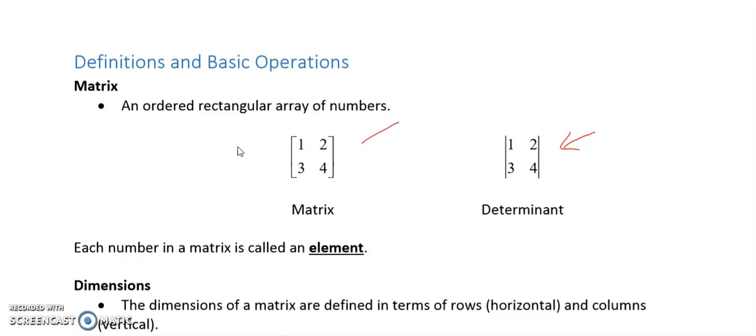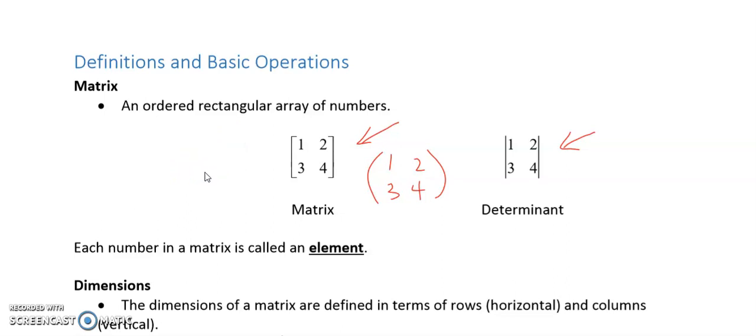A matrix looks very similar, but you'll notice the brackets are not just straight lines. They are actually square brackets on this. Back when I was in university doing matrices, we actually used rounded brackets like this to do our work with matrices. So if you ever see me write rounded brackets for a matrix, remember it means basically the same thing.